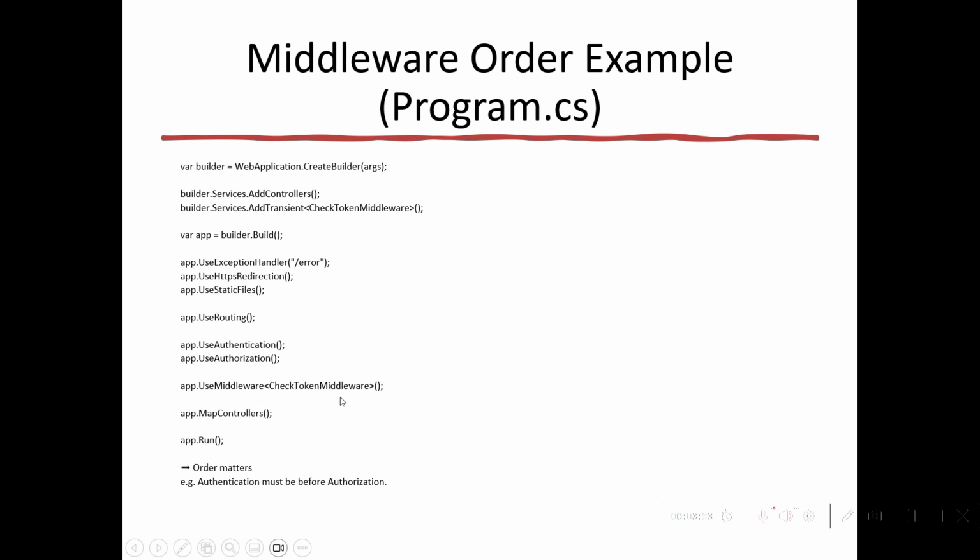This is a custom middleware, and app.MapControllers. These are the pipeline, the middleware. And you must have seen that app.Run is the last one, because Run doesn't pass the control to the next middleware, it ends the request there itself.